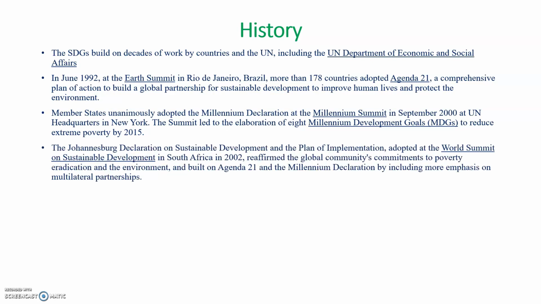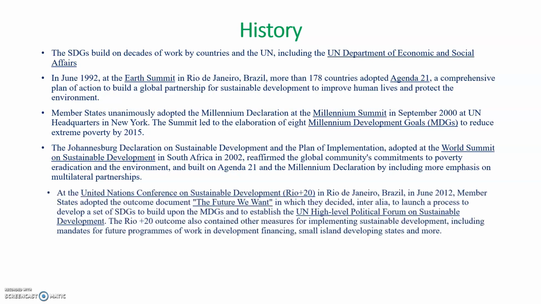The Johannesburg Declaration on Sustainable Development and the Plan of Implementation, adopted at the World Summit on Sustainable Development in South Africa in 2002, reaffirmed the global community's commitments to poverty eradication and the environment, and built on Agenda 21 and the Millennium Declaration by including more emphasis on multilateral partnerships.